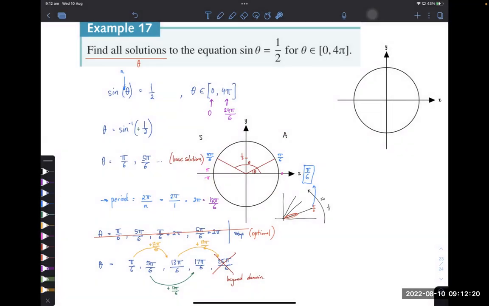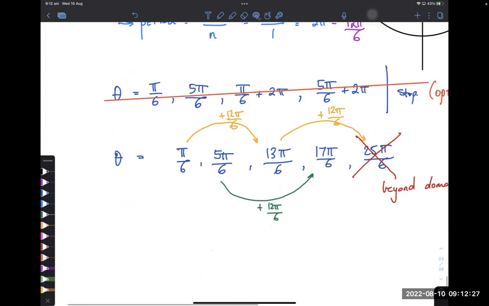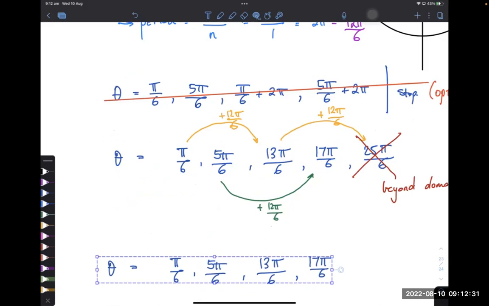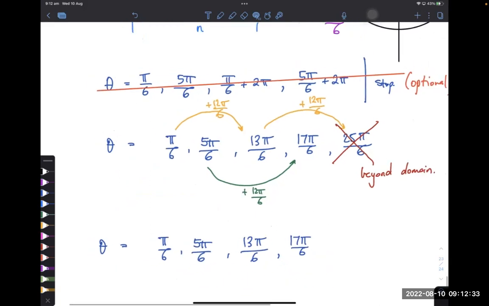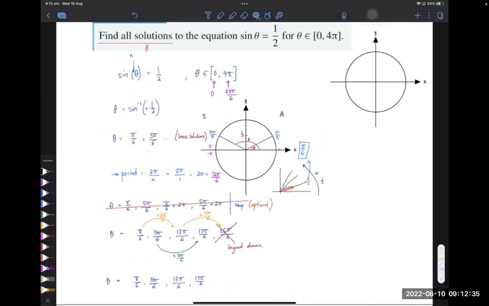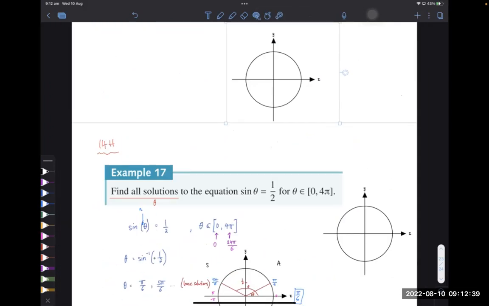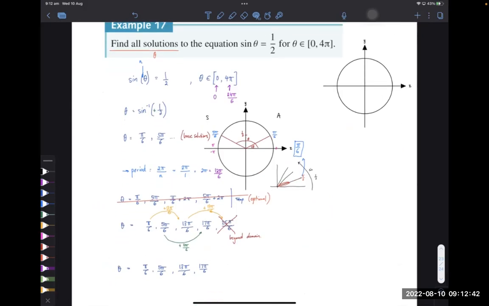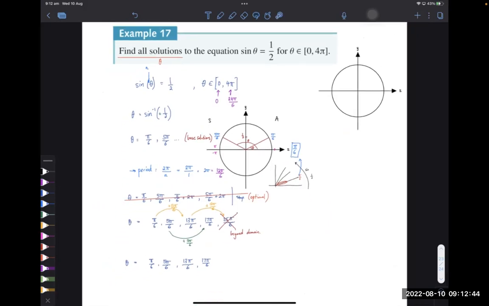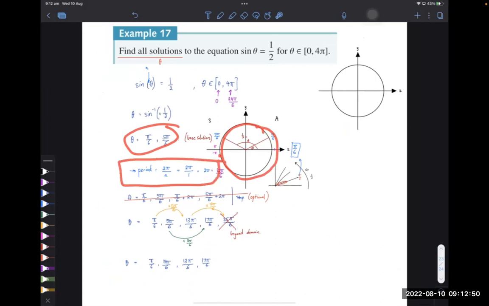Another question? These 4 solutions here. That's our 4 solutions there. So to recap, find your 2 base solutions using the unit circle. Find your period.